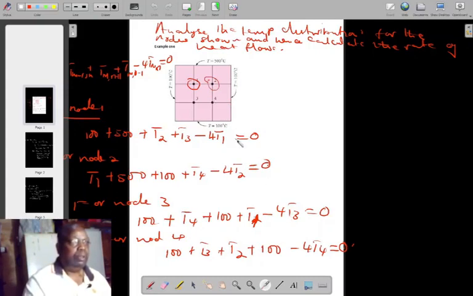Okay. So node 3 and node 4 are all at 150 degrees. So we will have 150 degrees minus 100, 2 times that one and that one.